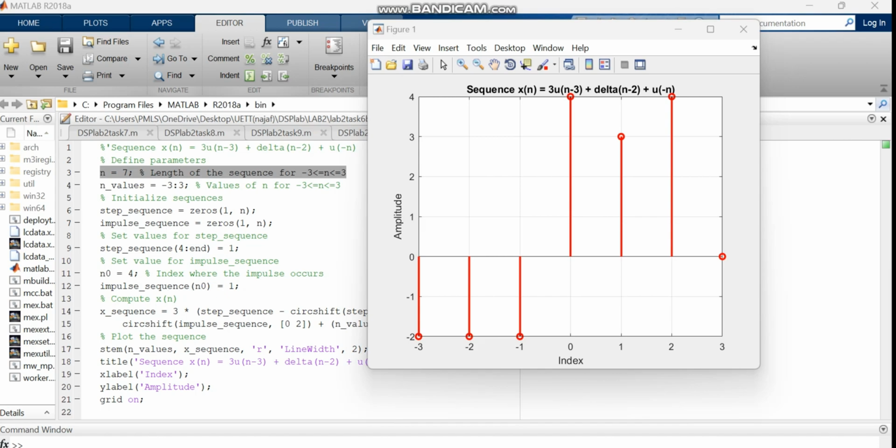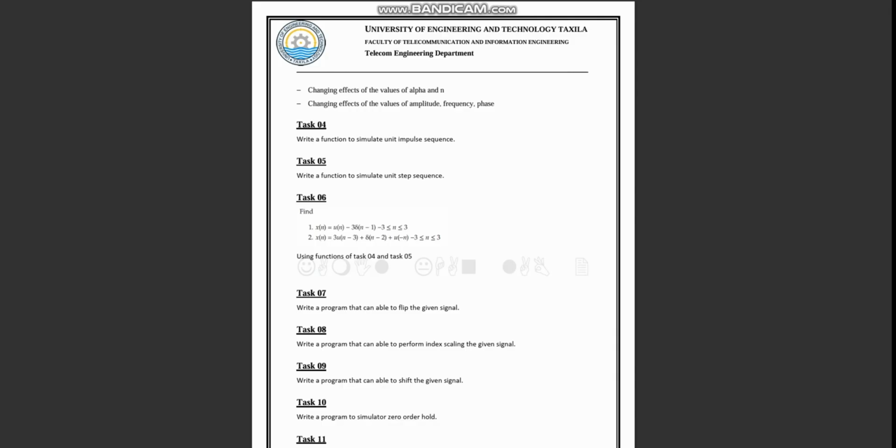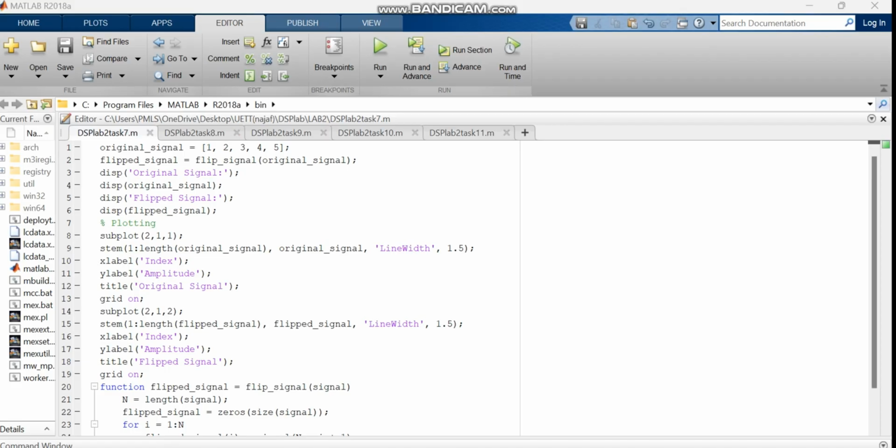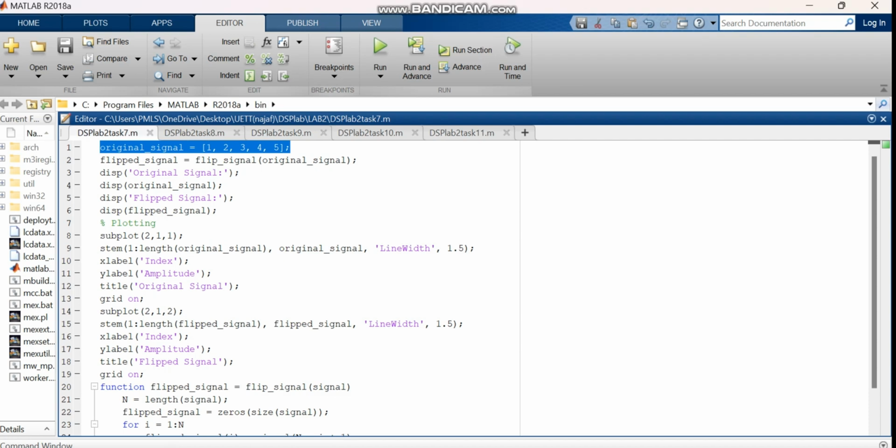In task number 7, we have been asked to write a program that is able to flip the given signal. Here we have taken the original signal as 1, 2, 3, 4, 5 and we have made the function flip signal in which the original signal will be flipped.